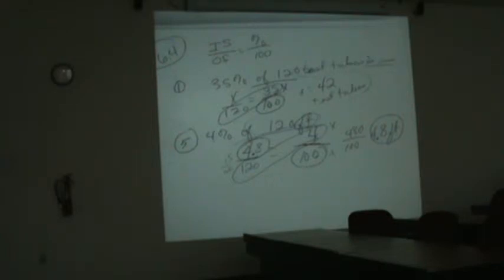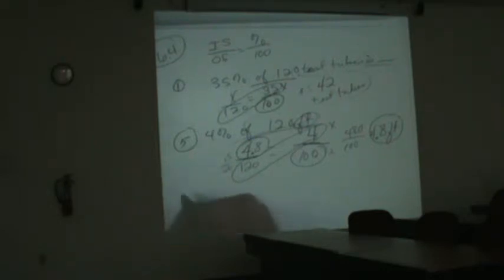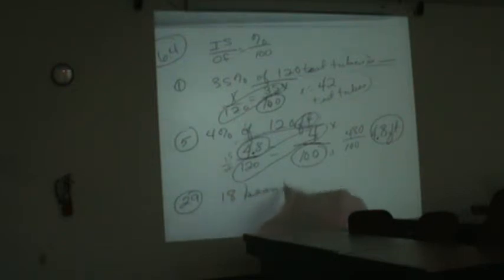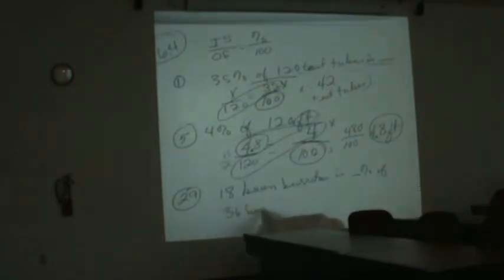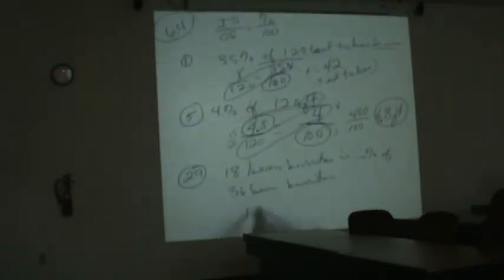On page 426, it starts asking for percent, so like 30 or 29. 18 bean burritos is what percent of 36 bean burritos? 18 over 36, X over 100. 1800 divided by 36. 50%.